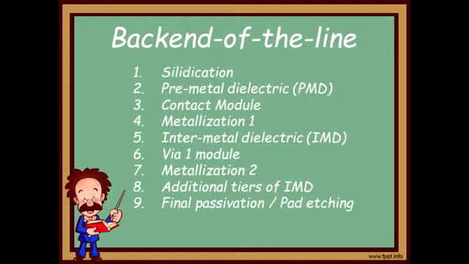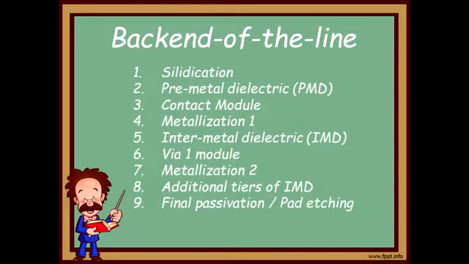So you would notice that the first process under the second division of the overall process flow is the silicization, followed by the pre-metal dielectric, or the insertion of the pre-metal dielectric, PMD, followed by the contact module. Next is the metallization 1.